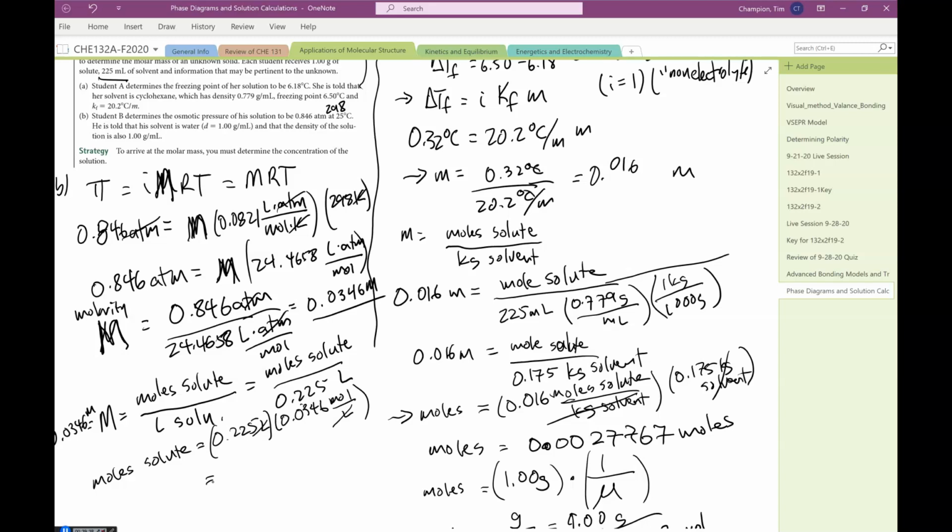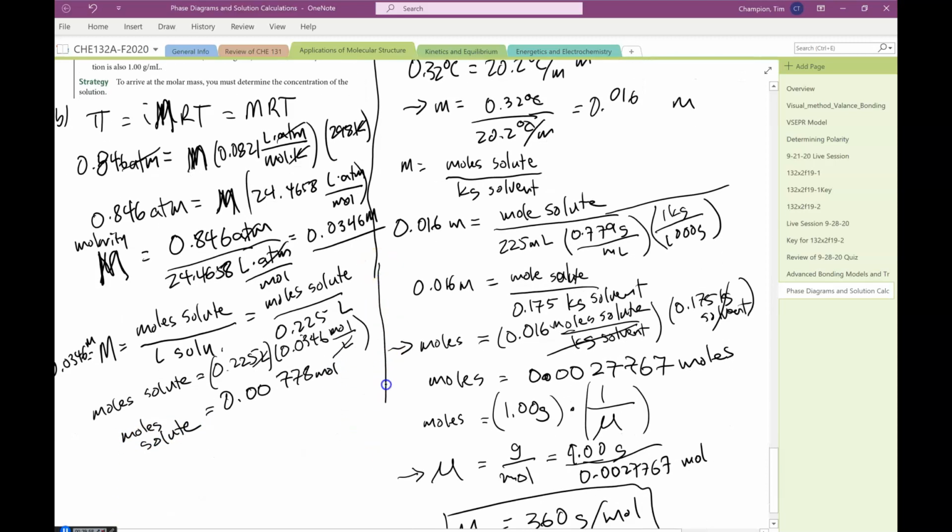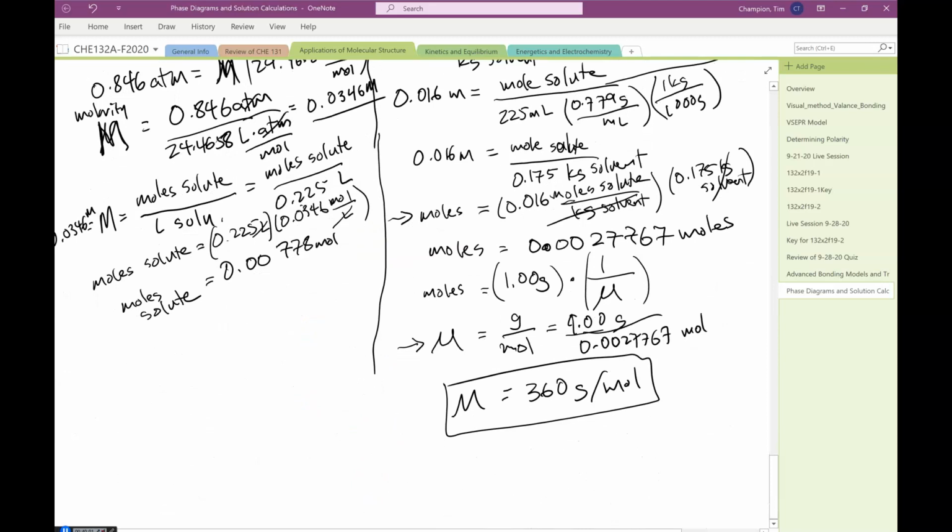So 0.03, it's going to be somewhere around 0.007, I think, and I get 0.00778 moles. Now that I know moles of solute, remember that we had 1 gram. Remember that the definition of moles is grams over molar mass, so that if I take the molar mass, that's going to be grams over moles.